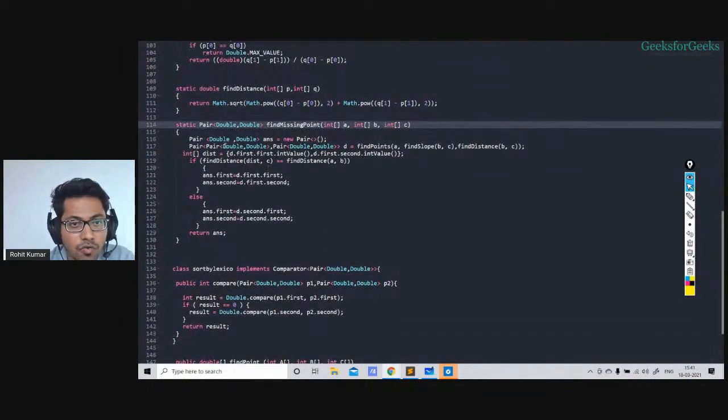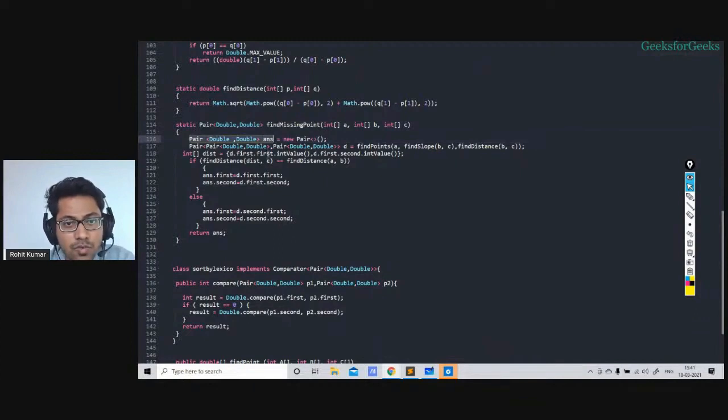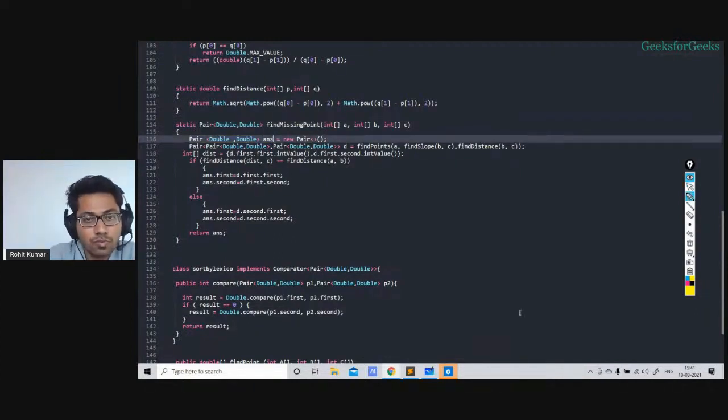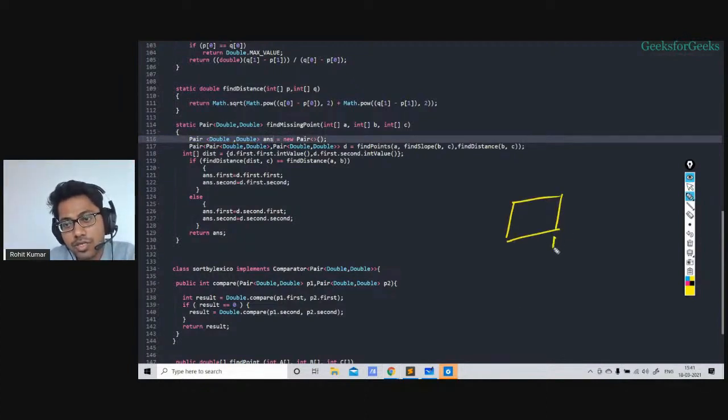Over here, I have taken a pair answer. Now, what will this answer do for me? This answer will store my correct coordinate. If you remember, I drew this initially in the logic. I called this x naught, y naught, and I drew a circle.